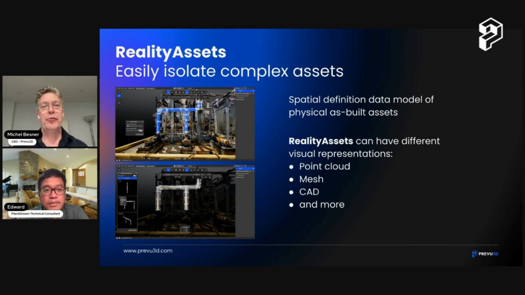The part we'll focus on today with our colleagues at PlantStream is showing how the as-built world that we manage with our solution can be used to improve your design process within PlantStream.